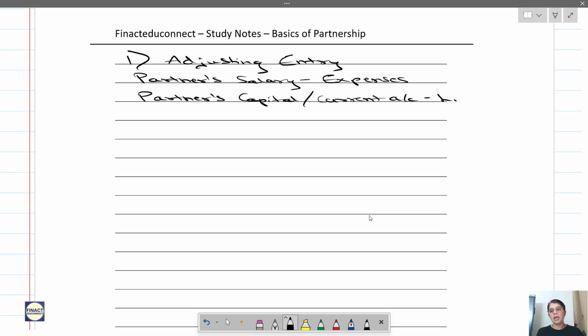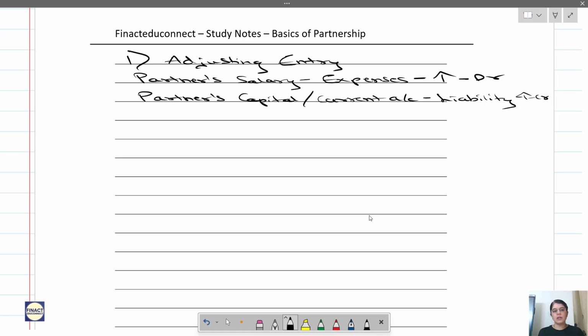This is a liability, an internal liability for the firm, correct? So partner's salary expense is increasing, correct? Because the firm is incurring this, we have to debit. Now it is payable to the partners, so the partner's capital and current account balance will also increase, so we have to credit it.